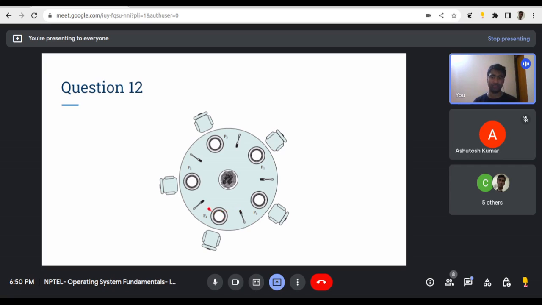Either you do (i - 1) % 5 or (i + 1) % 5. So (i + 1) % 5 will signify this fork, considering this as fork 0, and i - 1 will signify this fork. So the process can get either this resource or this resource.